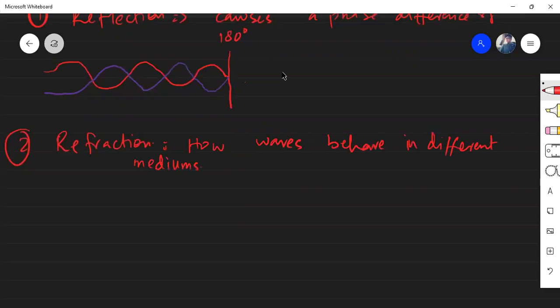So this is like a glass box and the light enters, it changes its course. Sorry, this is a terrible diagram. It changes its course a little bit, and then after it leaves, it goes in a different direction.